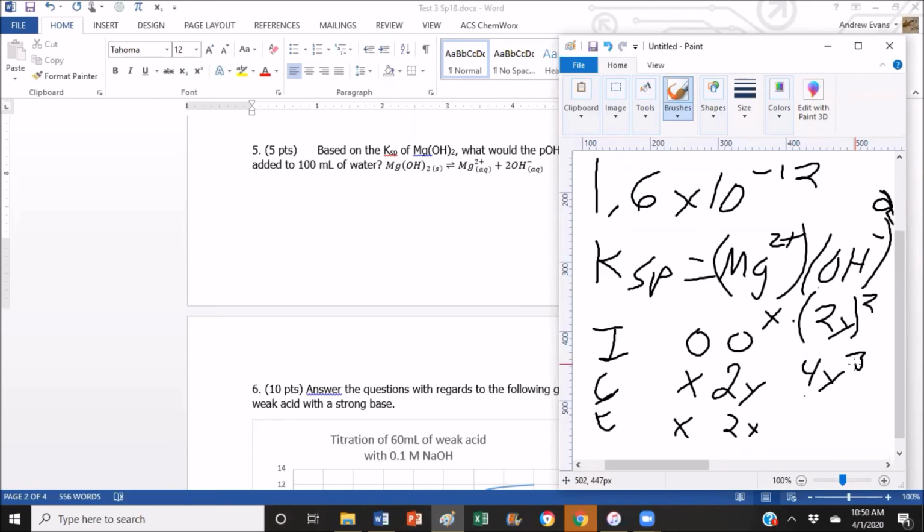1.6 times 10 to the negative 12 divided by 4 is 4 times 10 to the negative 13th. Now, the cube root of that gives us x.